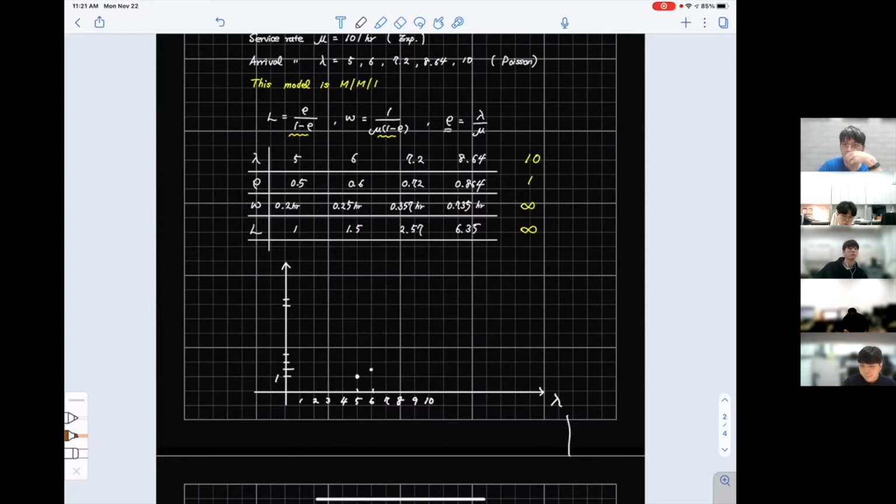When lambda is 7.2, L becomes 2.87, around here. And when lambda becomes 8.64, the Q length is plotted here.